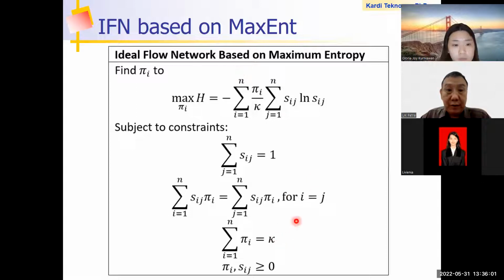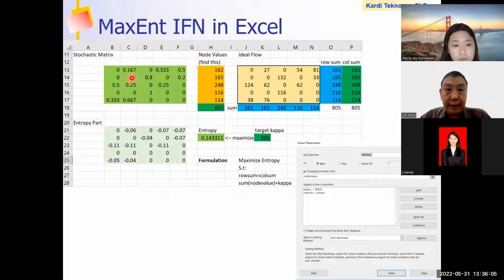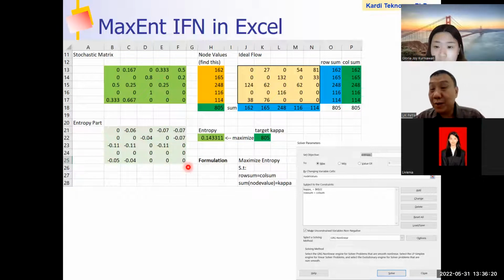Okay, so using this, you can also use Excel. Suppose this is your stochastic matrix, and you can calculate the entropy out of this. Last time you already practiced maximum entropy. So you just get each of these. If this is 0, you set it as 0, and then you sum all of this, it becomes entropy.